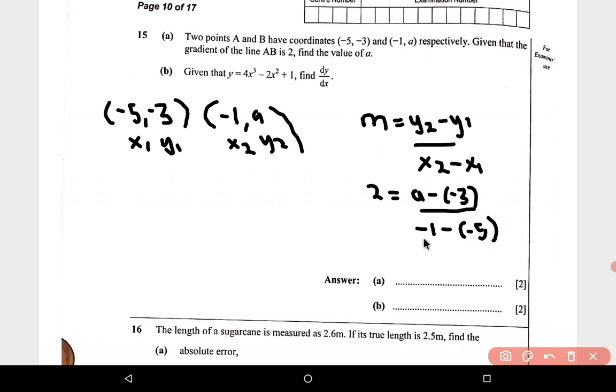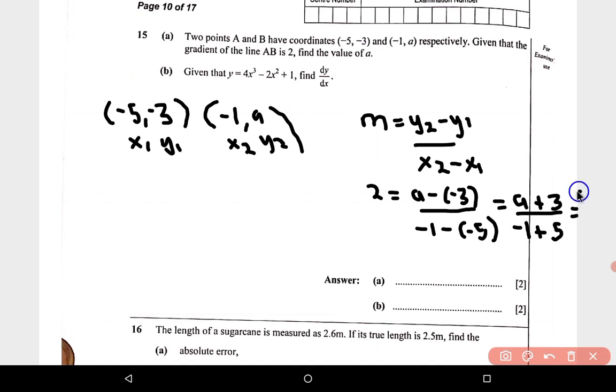So this we can take this side, that would be a, negative and negative gives +3, over -1, negative negative gives +5.